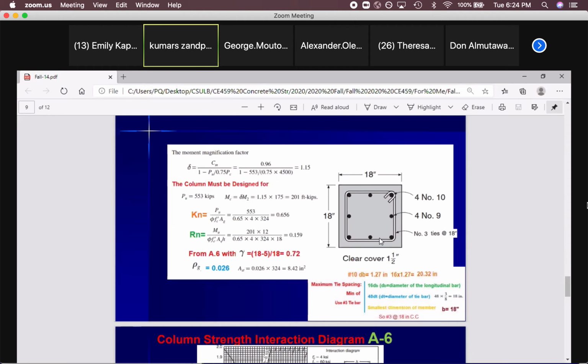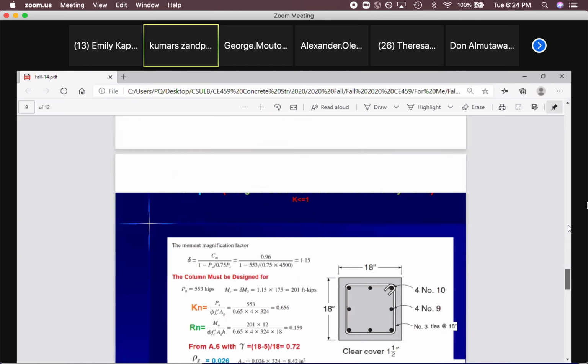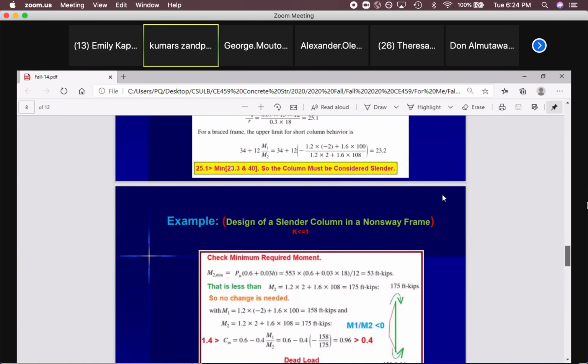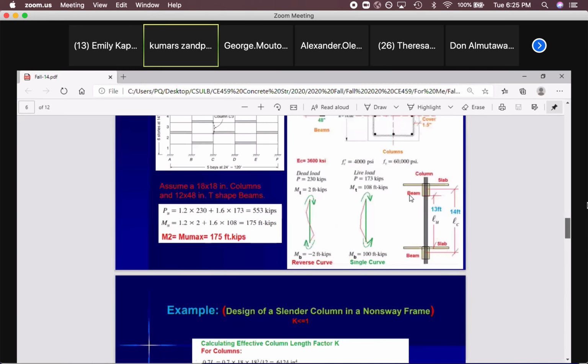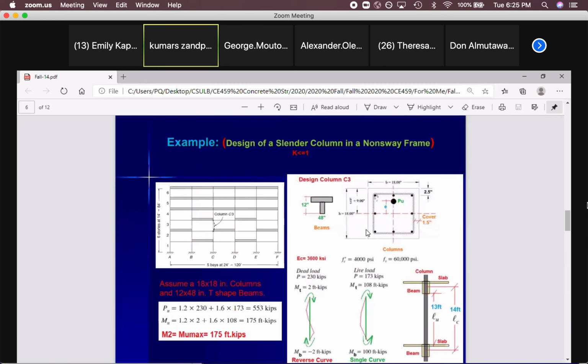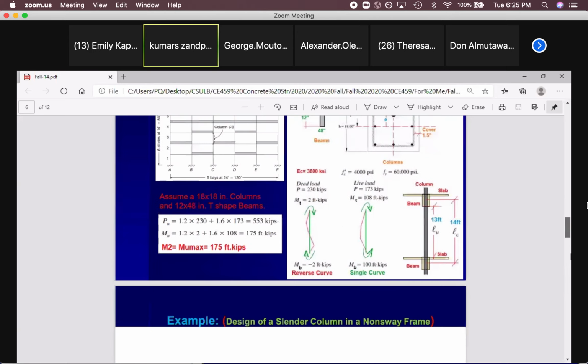And what's your gamma? Gamma is 18, as you might see from top. We show that here. We consider 2.5 inch to the center. So your gamma should be 18 minus 2.5, minus 2.5, divided by 18. That's the equation.